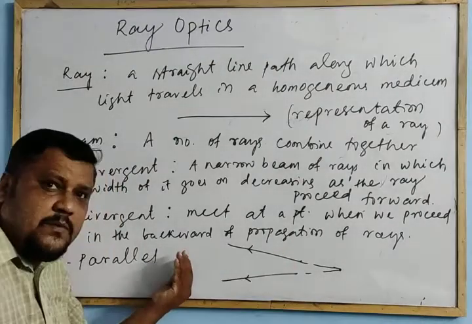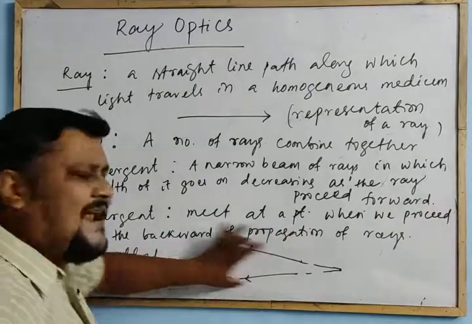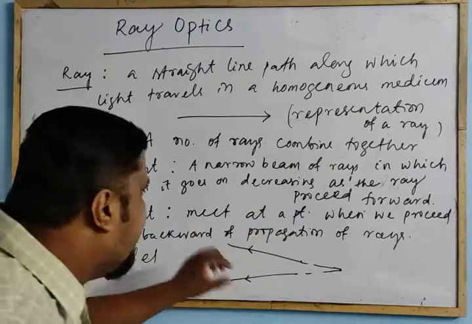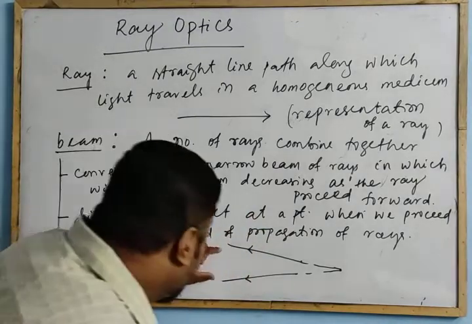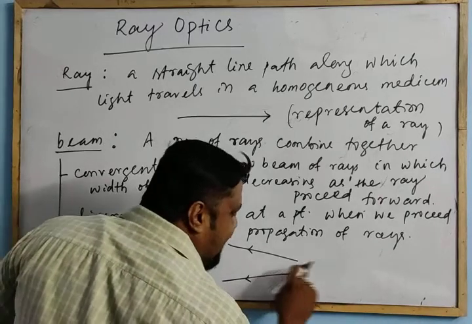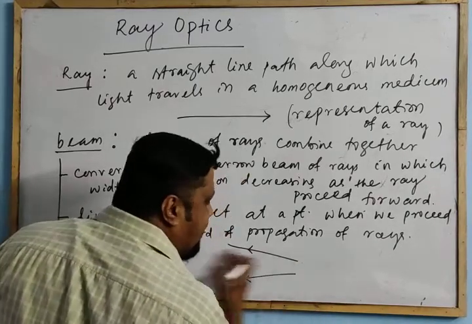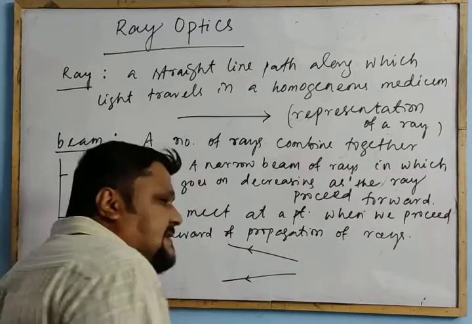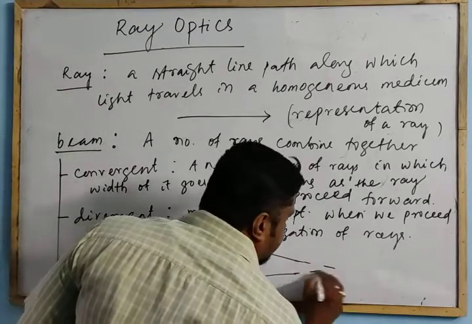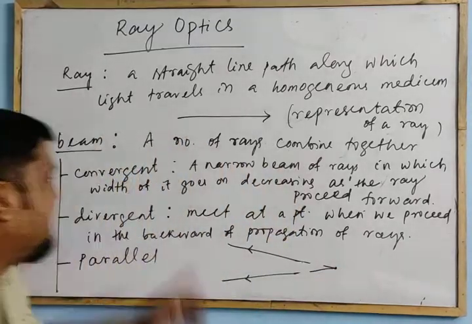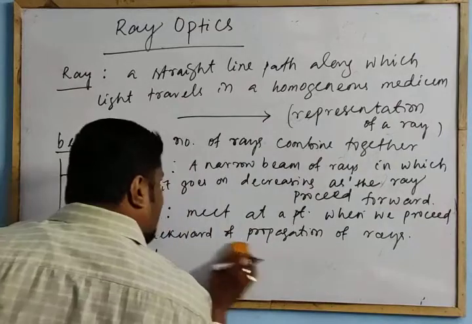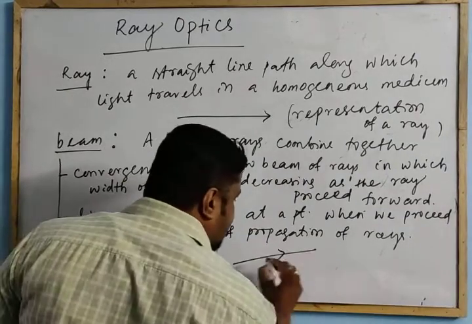When we move along the propagation, the width goes on increasing. I am defining it a different way: when we proceed backward, which is the backward direction of propagation of the ray, they meet at a point. Then that is called a divergent beam. So the divergent beam is like this.